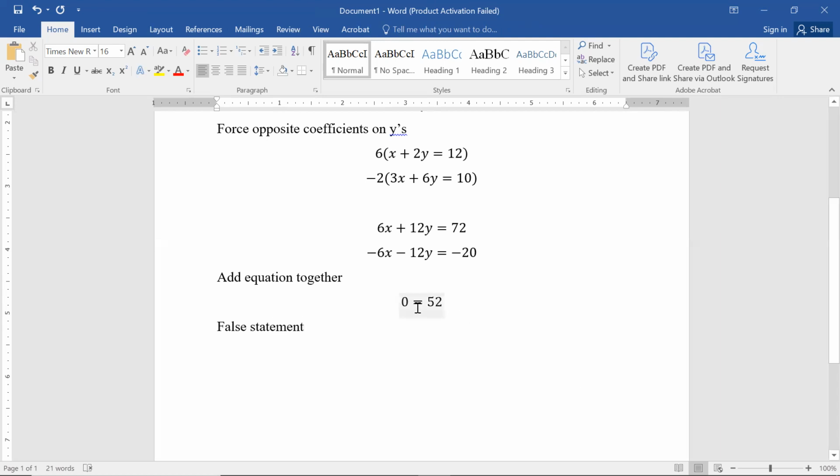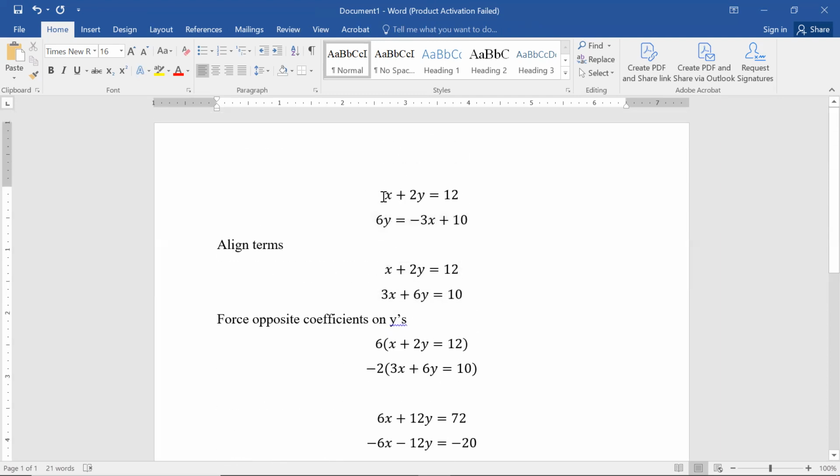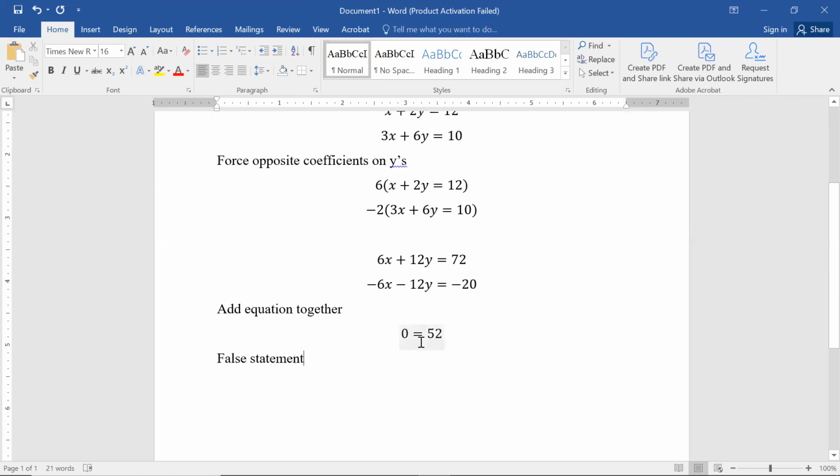And what this means in terms of the outcome here is that there is no way we can find a point, plug it in here, and plug it in here to make both of those equations true at the same time. So a false statement means that the system has no solution.